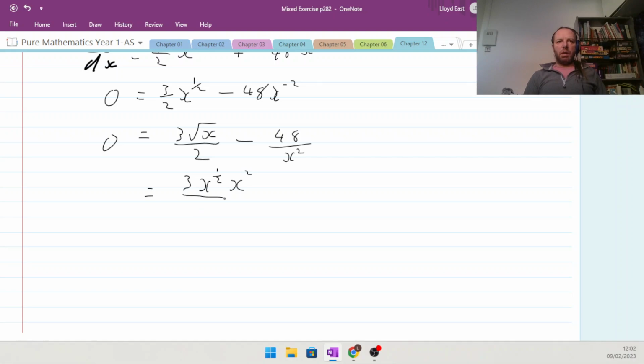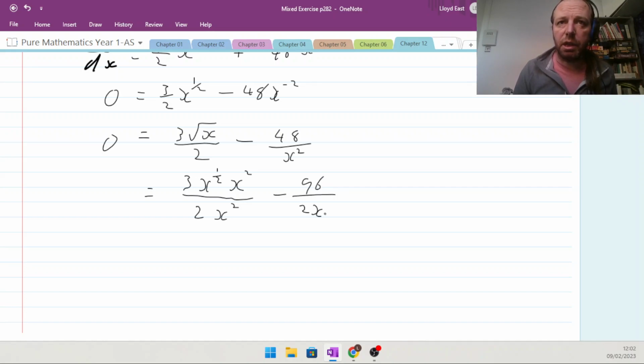And if we multiply the bottom by x squared, we get 2x squared, minus multiplying this top one by 2, what's that going to be? 96 over 2x squared, equals 0.